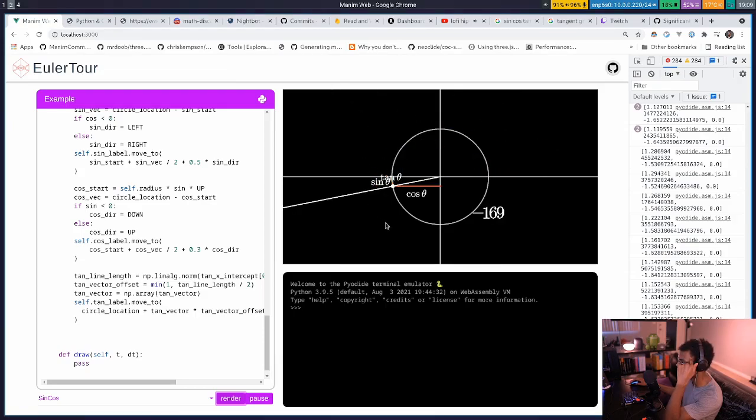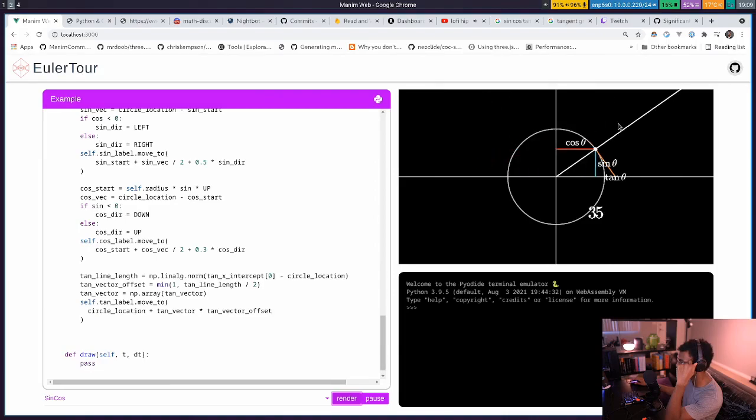Okay, so it gets confused in some of the quadrants. But at least in the first quadrant, I think it's working.